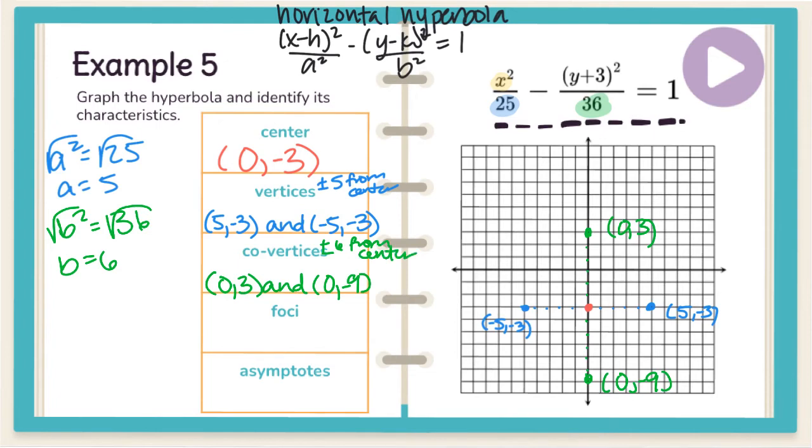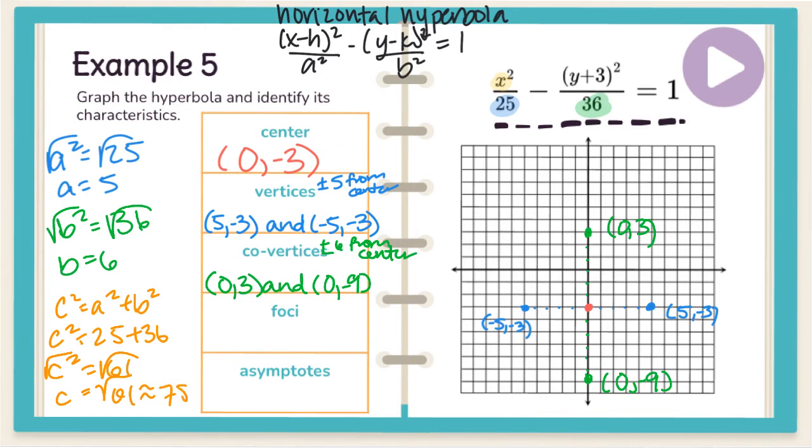Next is the foci. c squared equals a squared plus b squared. c squared equals 25 plus 36. That's 61, square root both sides, so we have c equals the square root of 61, which is approximately 7.8. Plus minus 7.8 from the center.